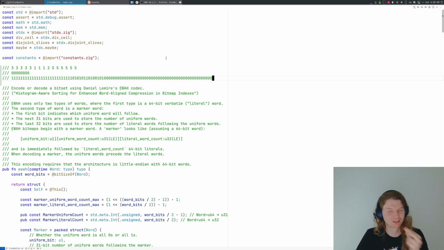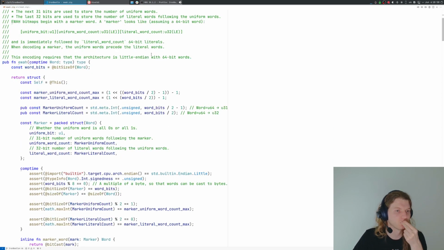So the way we want to compress this bit set is to store how many ones we have as a prefix, how many zeros we have as a suffix, and then store the middle part as is. And that's exactly what EWAH does.